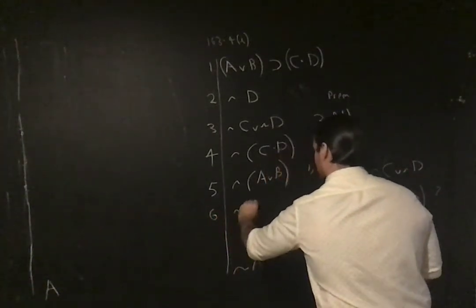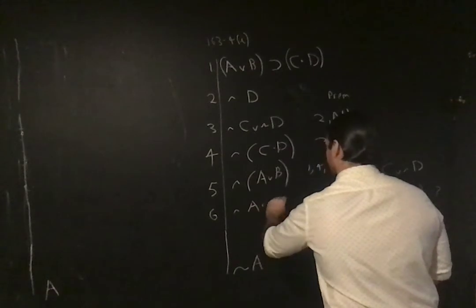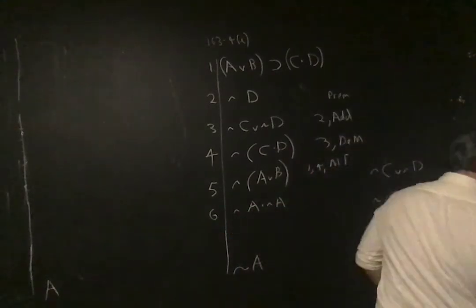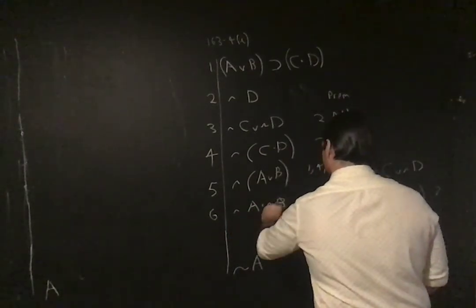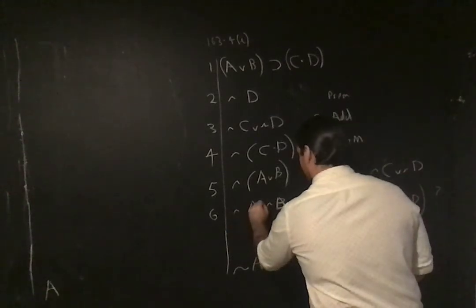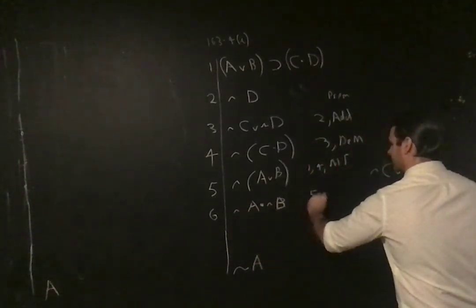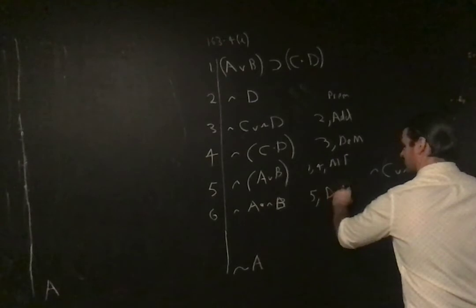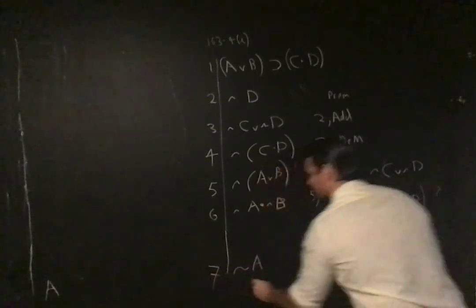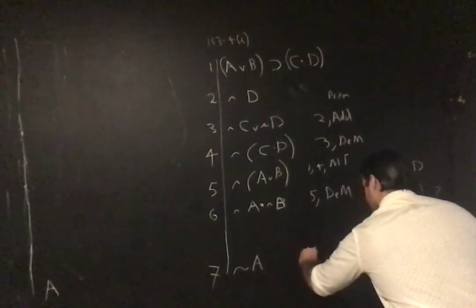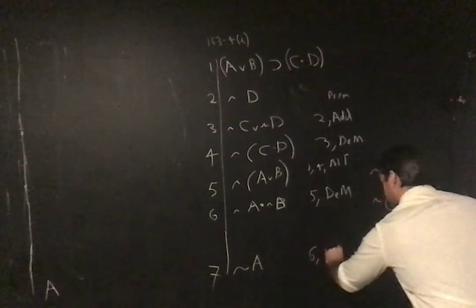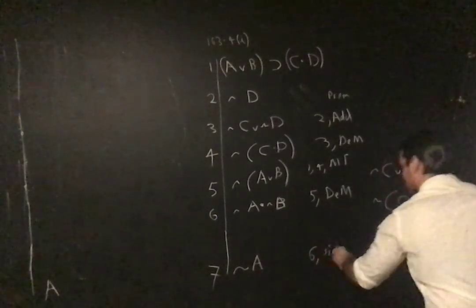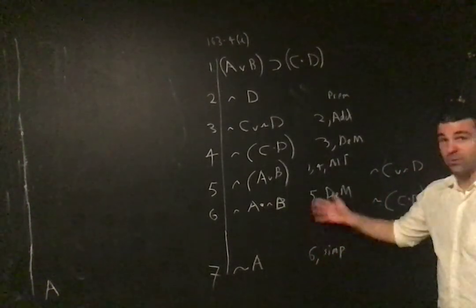Not A and not B. Not A and not B. 5 De Morgan's. 7. 6 simp. Okay? Like so, and that's done.